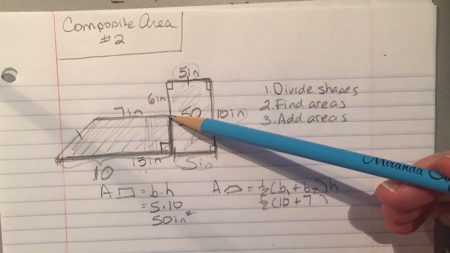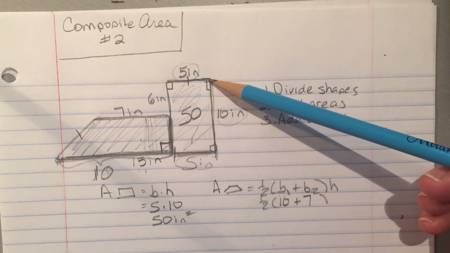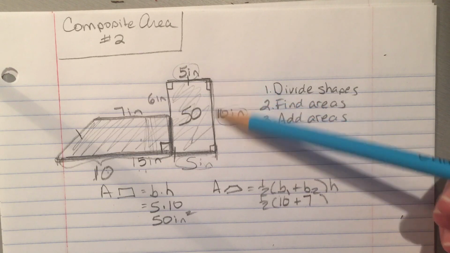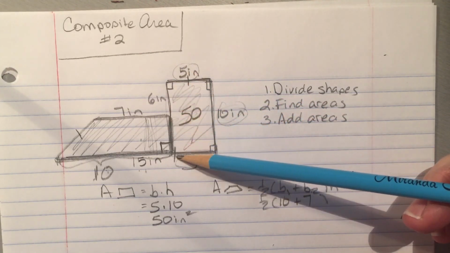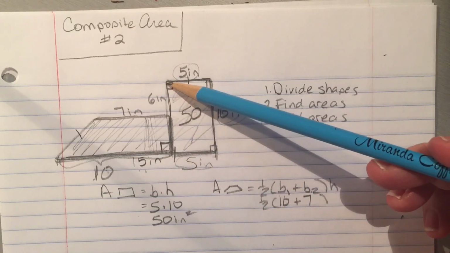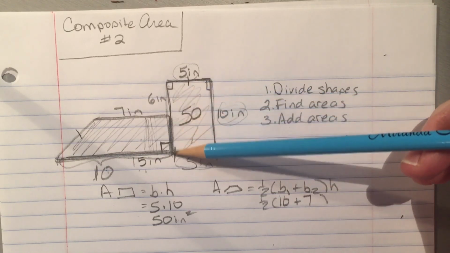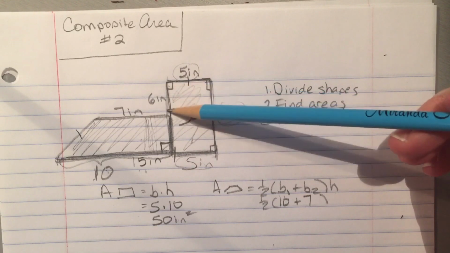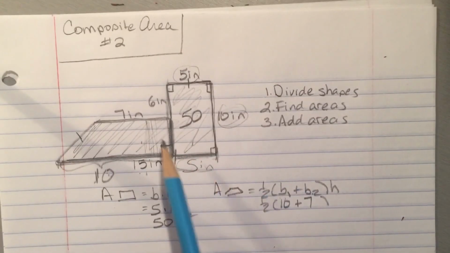So I need to find the distance from here to here. Now I know that the height of this rectangle was 10, so this whole distance on this side is also 10. And this distance from the top of the rectangle to the top of the trapezoid is 6. So if the whole distance is 10, and this part of it is 6, then this other part must be 4.